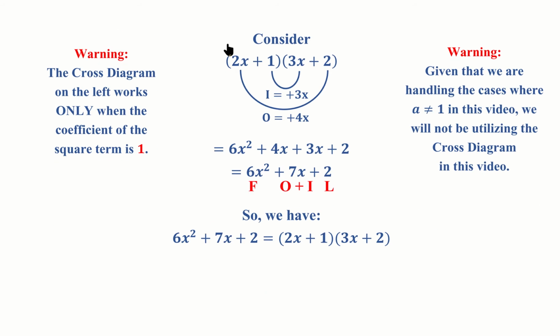If you recall, we learned a way of multiplying two binomials of this type by a method which we call the FOIL method, when we learned how to multiply polynomials.